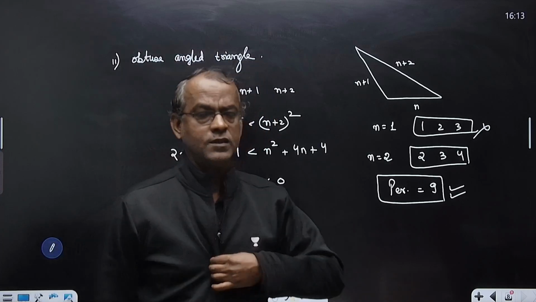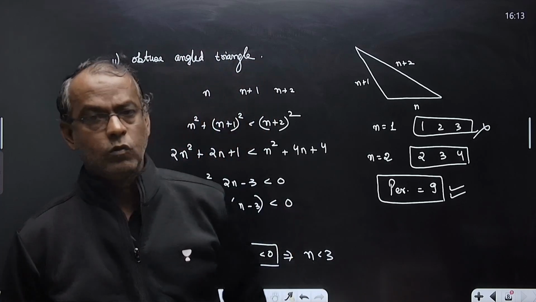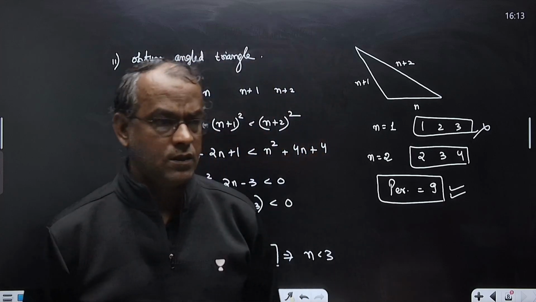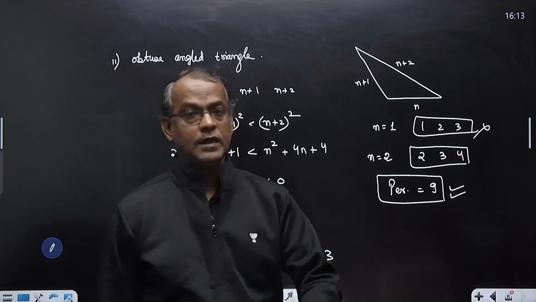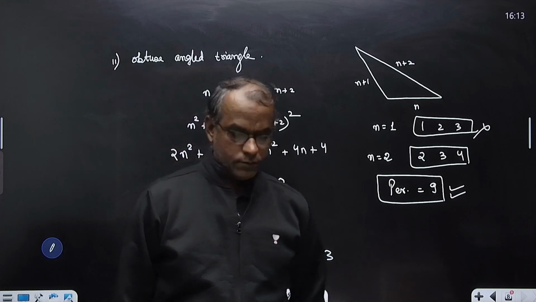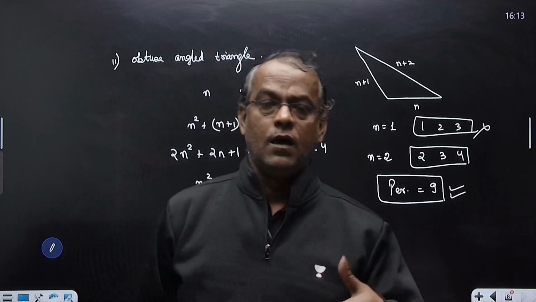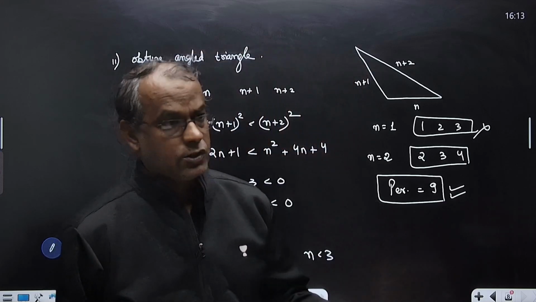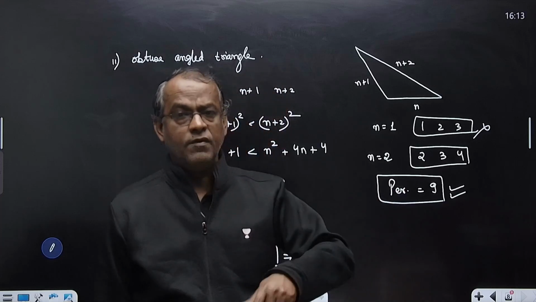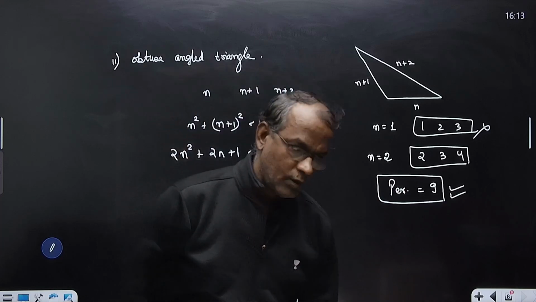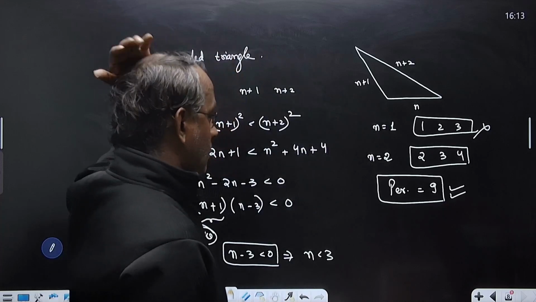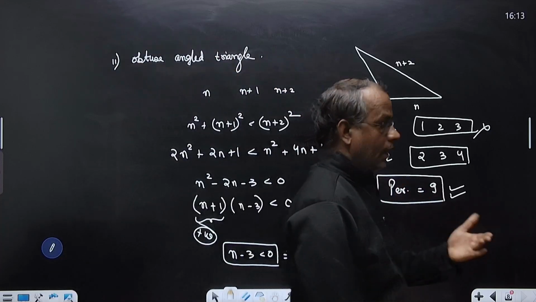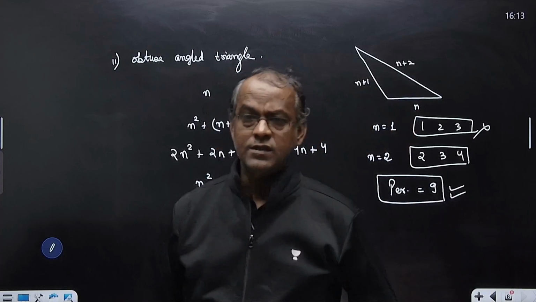If you take 2 consecutive squares, as we move on to larger numbers, the sum of 2 consecutive squares would definitely exceed the square of the next number. So 6 squares plus 7 squares would definitely exceed 8 squares. So as we move on, we can possibly fathom it. For smaller numbers, this is the only triangle. The right angle triangle with consecutive sides is 3, 4, 5.